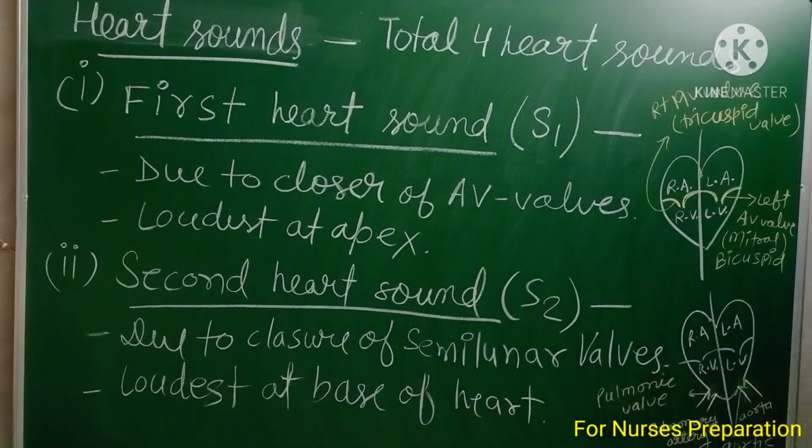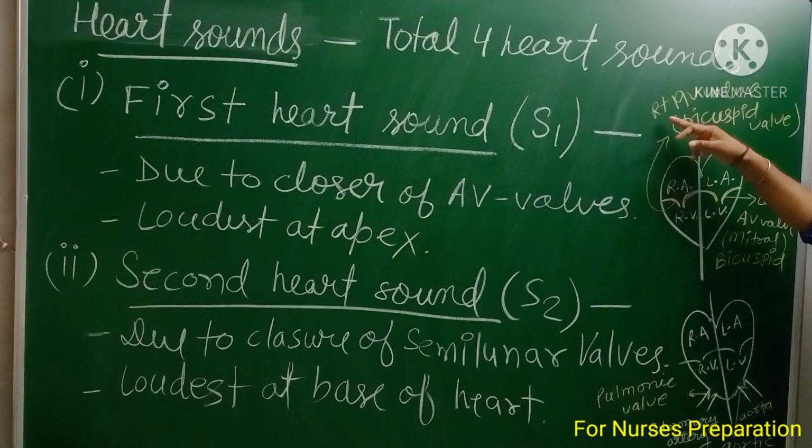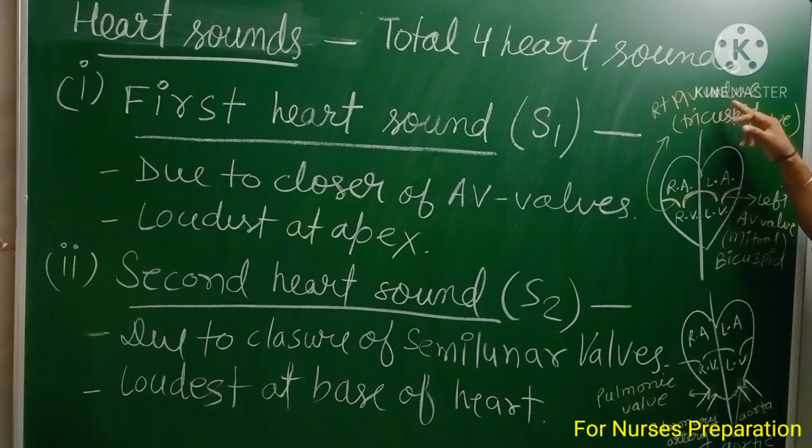Let's see the diagram. This is the rough diagram of the heart. These are the upper chambers of the heart, right atrium and left atrium. These are the lower chambers, right ventricle and left ventricle. The valve found between the right atrium and right ventricle is known as the right AV valve or right atrioventricular valve.